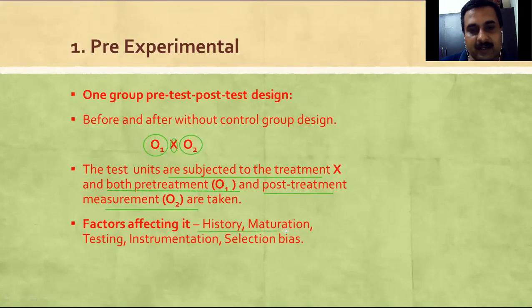Like, if you have taken the first observation in the month of January in 2018, and you are going to take the second observation in January in 2019, there would be a complete one year difference between the two observations. So more time is going to be spent between these two observations. Chances are that the history extraneous variable may impact your research here.